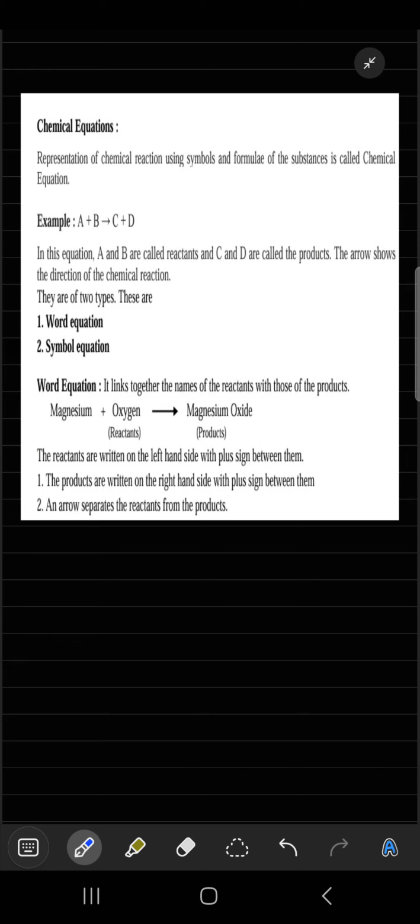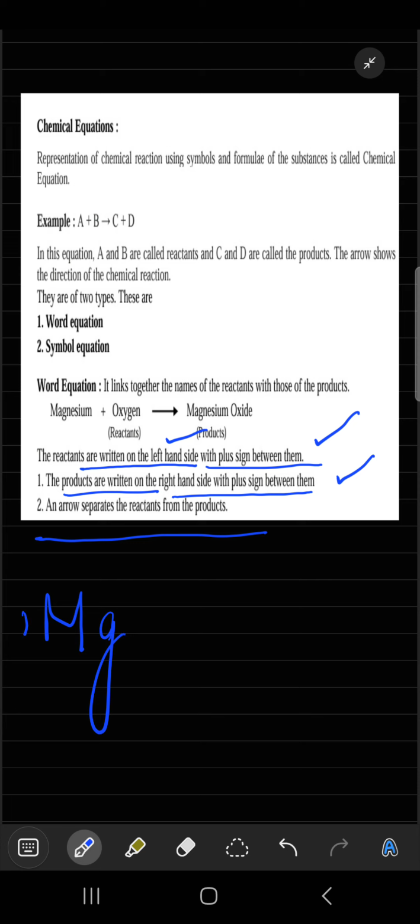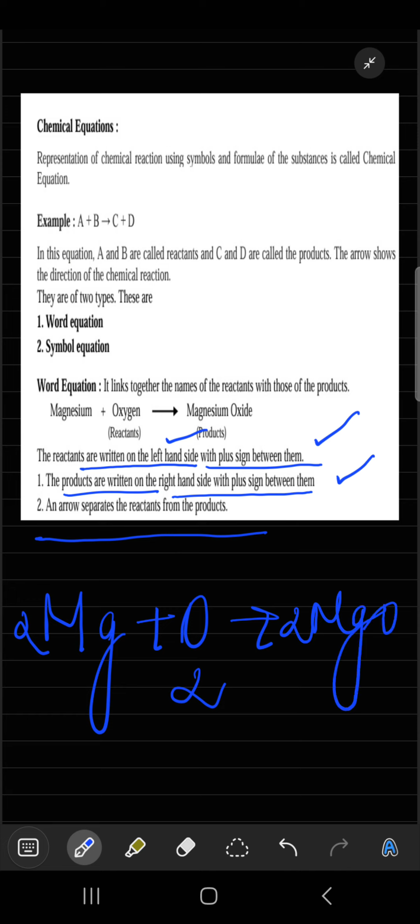And the rules for writing the chemical equation are: the reactants are written on the left hand side with a plus sign between them. The product is written on the right hand side with a plus sign between them. And an arrow separates the reactant and the product. For example, when magnesium reacts with oxygen, what we get is magnesium oxide.